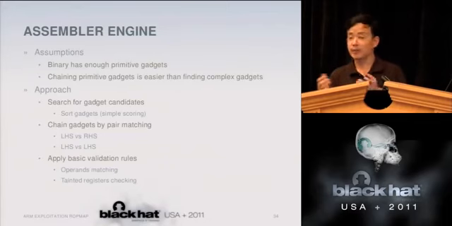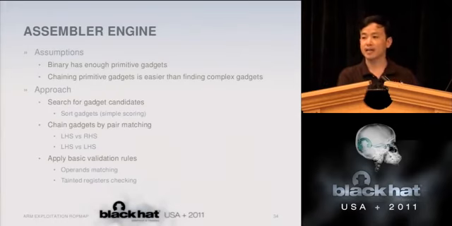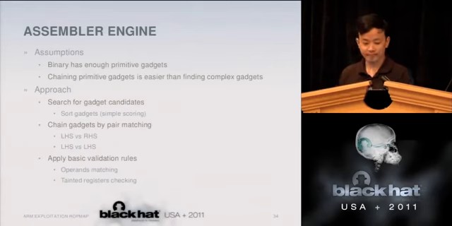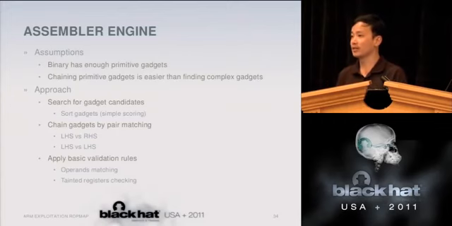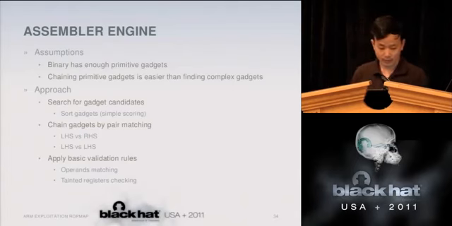Then we chain them together via what we call pair matching, like the left-hand side of this gadget matched with the right-hand side of that gadget. That's all. We also apply some very basic validation rules, like operand matching, where registers must match from the ROP instruction to the gadget, and we also do some tainted register checking, which we will see later.